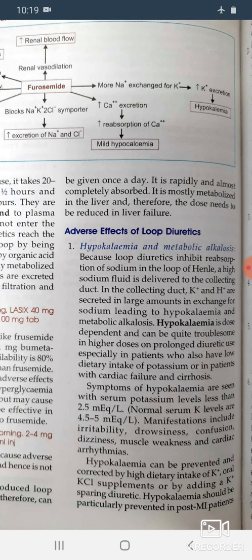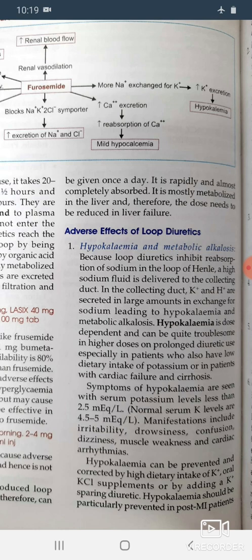So hypokalemia is the major side effect of the loop diuretics, which must be regularly monitored during therapy. Now, when do the symptoms appear? The normal level of potassium in the blood is 4.5 to 5 milliequivalents per liter. When it falls to half, less than 2.5 milliequivalents per liter, the symptoms of hypokalemia can appear.